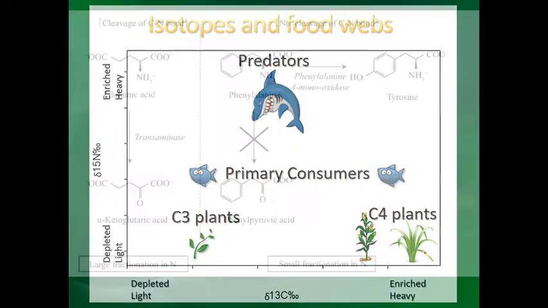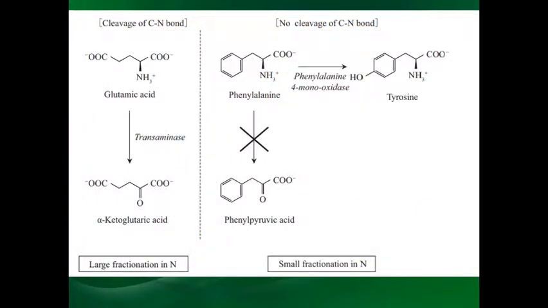So you might be asking, what actually happens? Why do we see this increase in nitrogen 15? What it has to do with is the amino acids. When an amino acid is broken down in the body, it's transaminated.